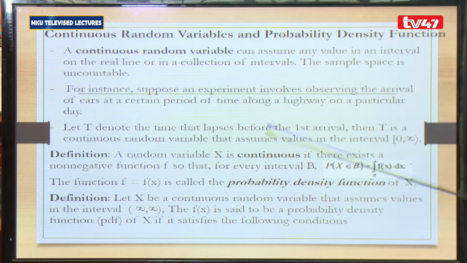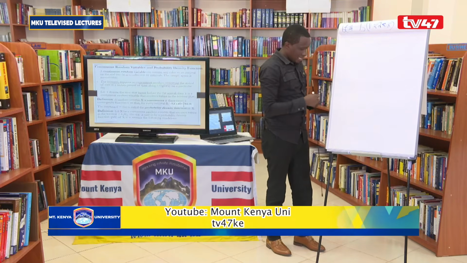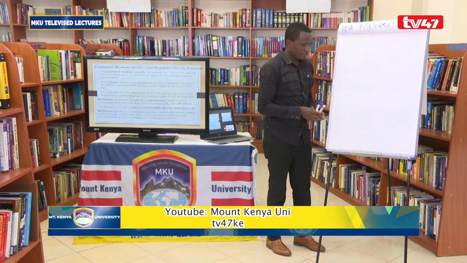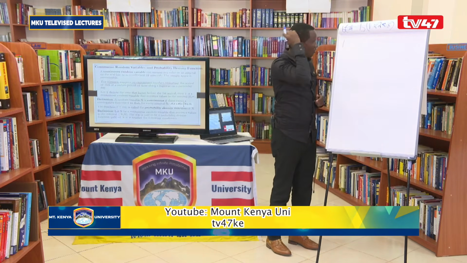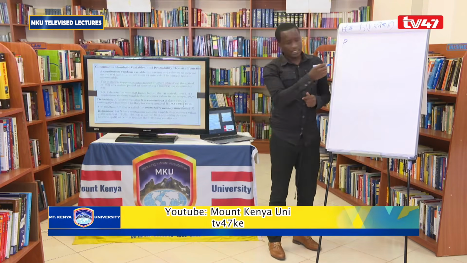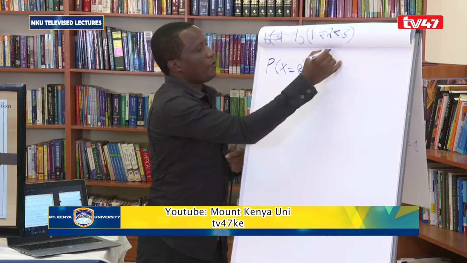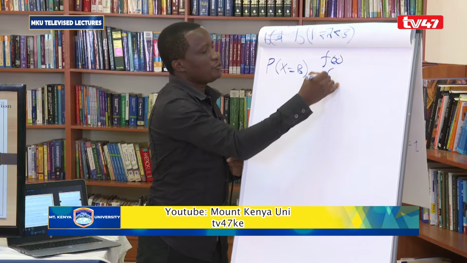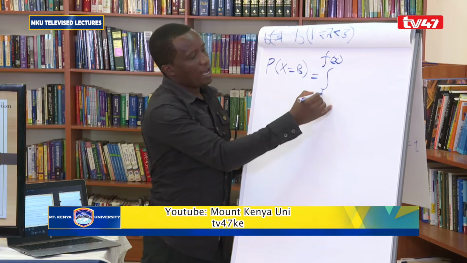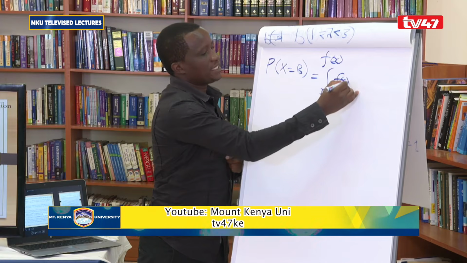So a random variable x is continuous if there exists a non-negative function f, so that for every interval B, this holds. That is, if I want to get the probability that x falls in a certain interval B, with f of x being the function, I have to integrate over B f of x dx.